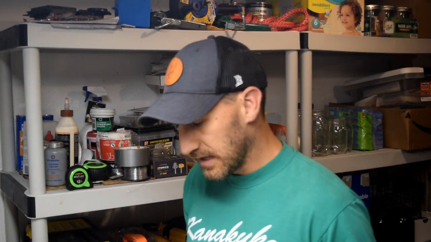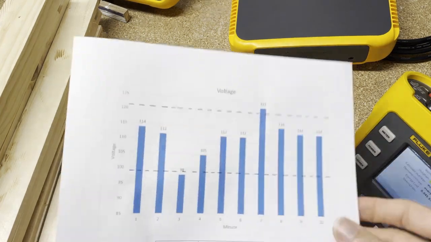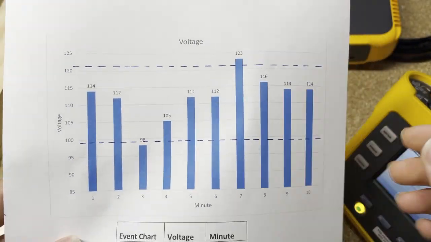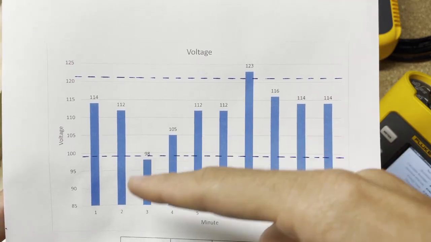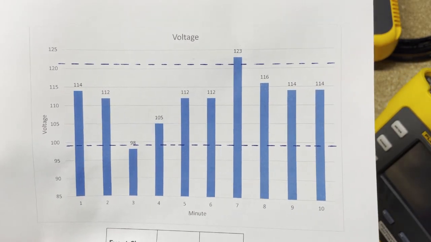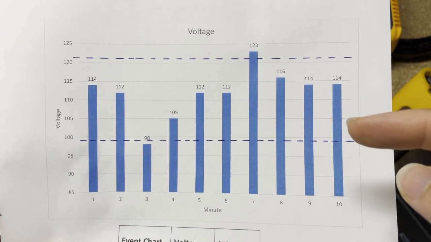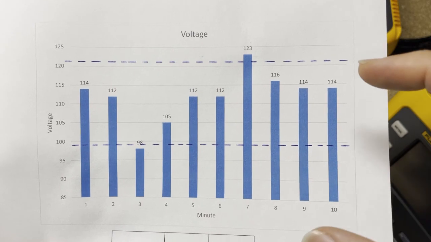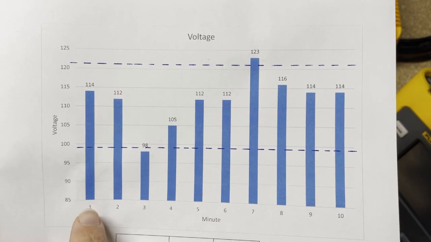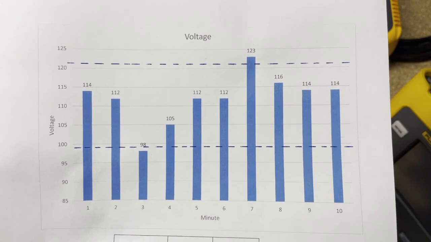So let's look at this fancy chart that I came up with. Let me turn this off so that's not beeping in our background. This is not a true life example, it's just made up by me.